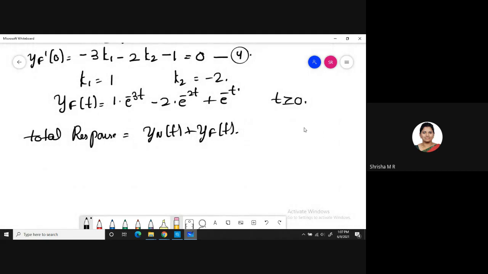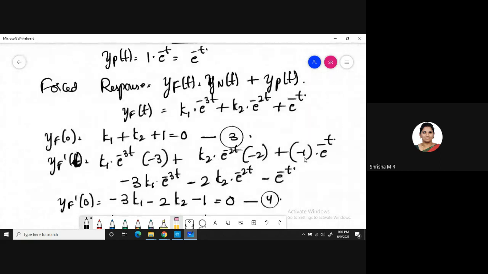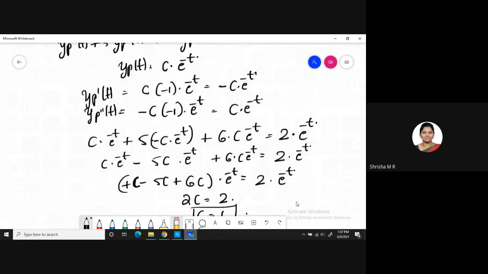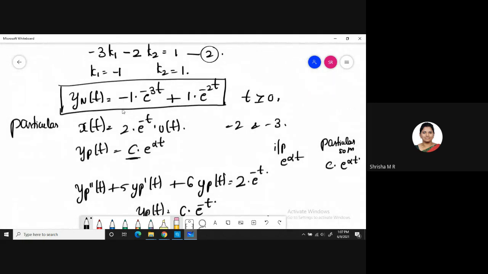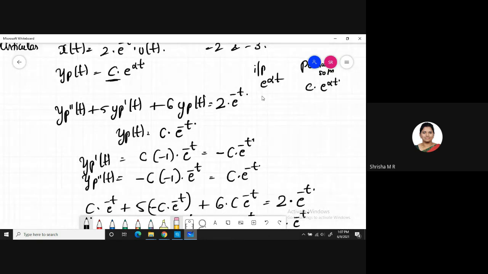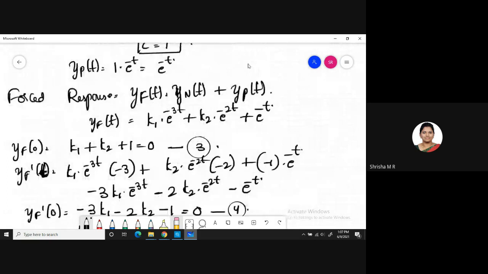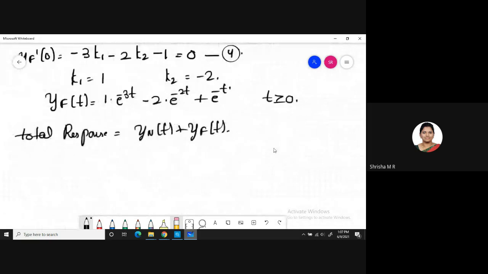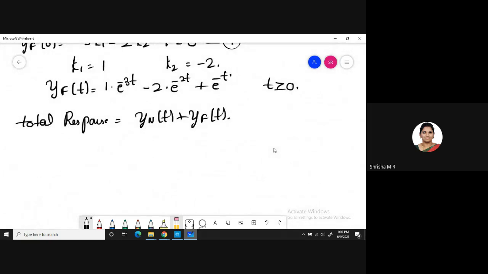What we got previously? It is minus 1 into e power minus 3t plus 1 into e power minus 2t.